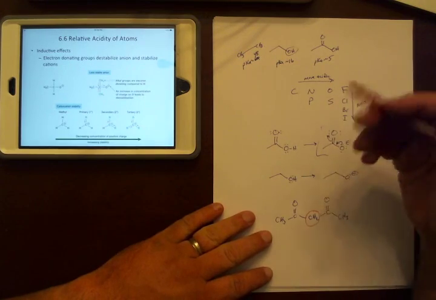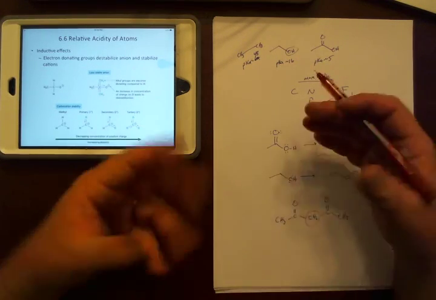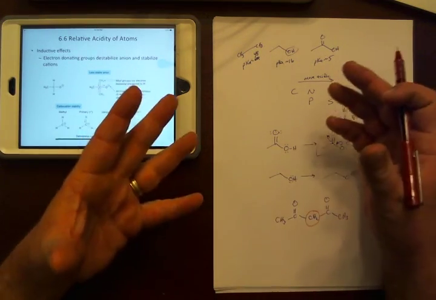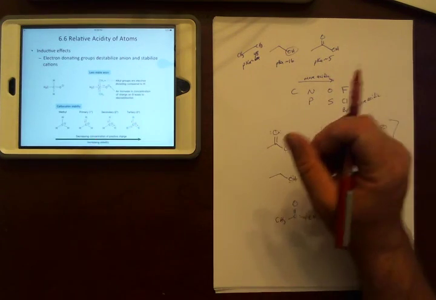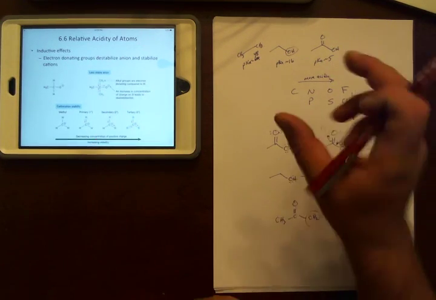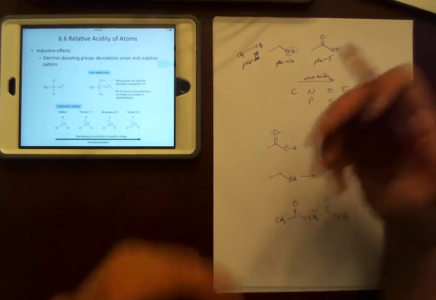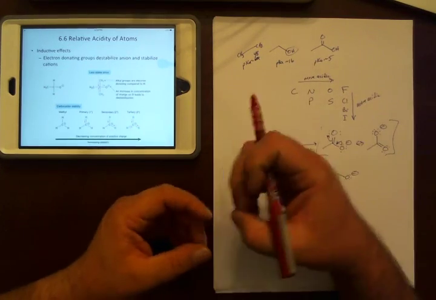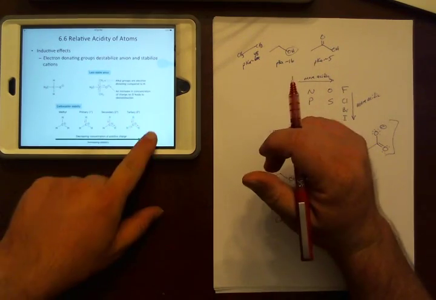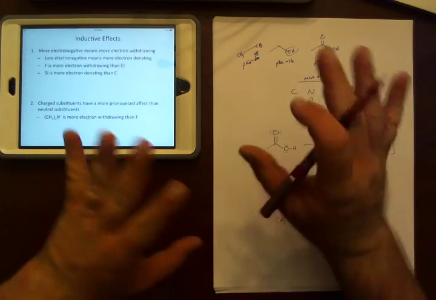Conversely, if you have what are called electron donating groups, which allow you to put electrons in there, it makes that acid bond a little stronger. So it's going to be more resistant to being ripped away, and so it's going to have a higher pKa. So those are inductive effects.